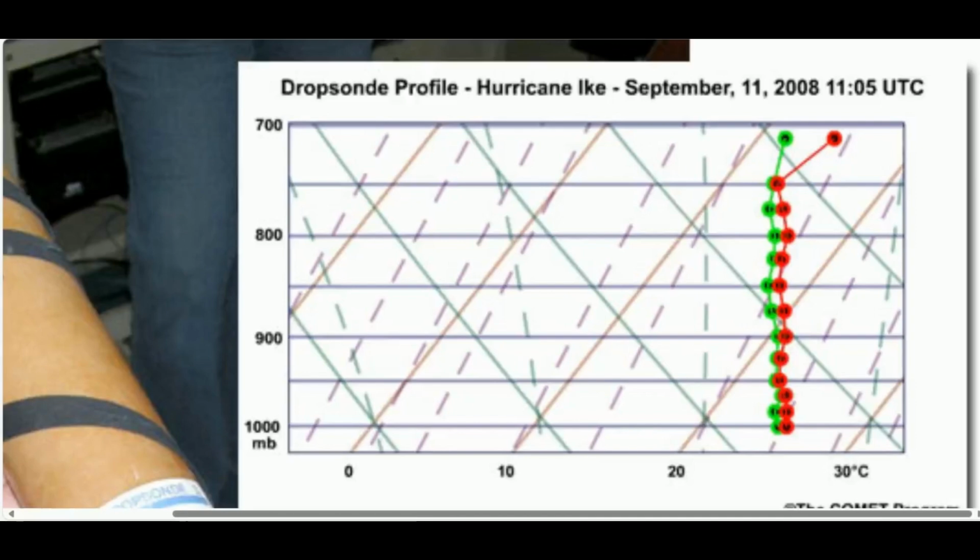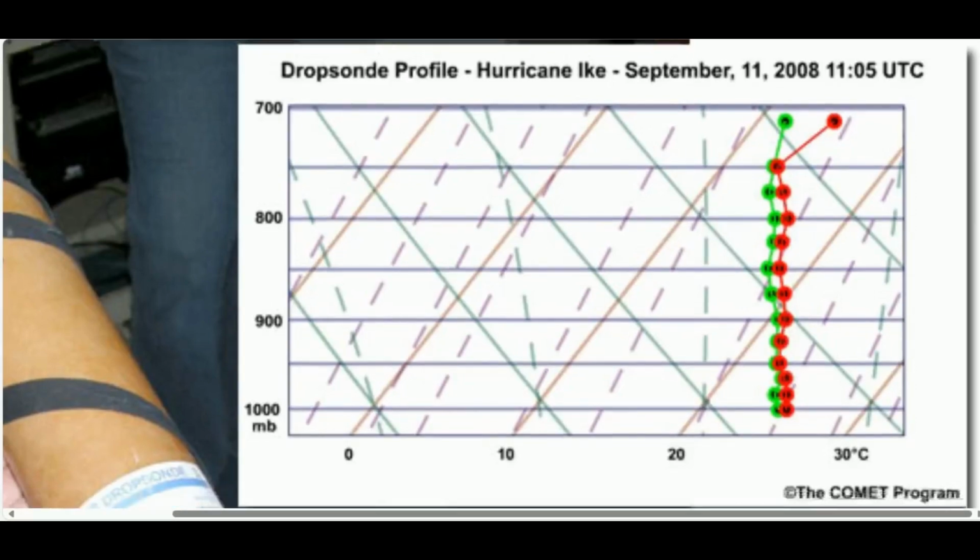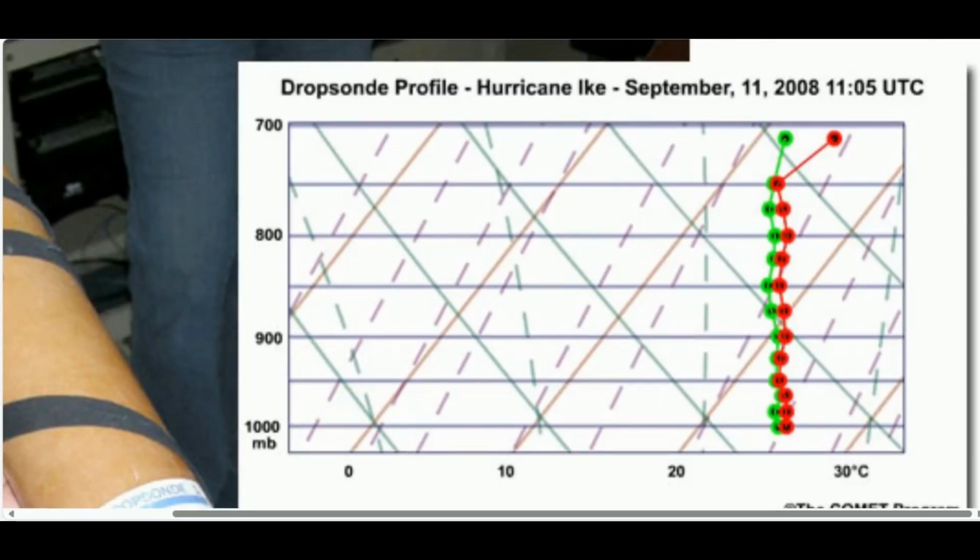So here's an example from Hurricane Ike back in September of 2008. I don't have any examples from Hurricane Ernesto because they haven't launched any for the past 6 hours, but I do have one from Hurricane Ike. This was launched by hurricane hunters, and so we can see the temperature and dew point profile in the lowest portions of the atmosphere from inside of that hurricane.